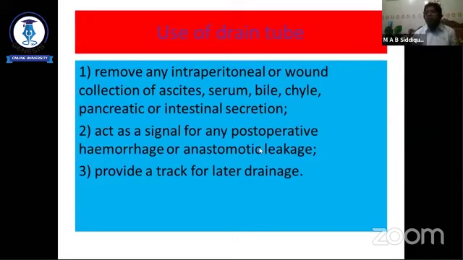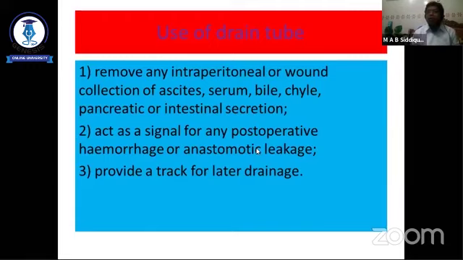If there is content like intestinal content, there is a chance of intestinal leakage. This is an alarming sign of leakage of the intestine. In this case, you can take a prompt decision, seeing the patient, whether you reopen or continue the conservative treatment, by seeing the color, odor, and amount of the content.